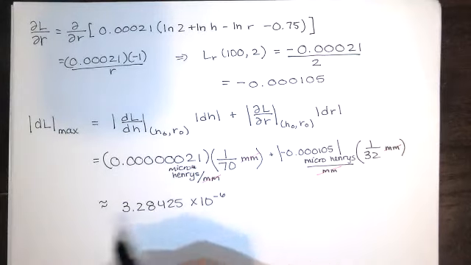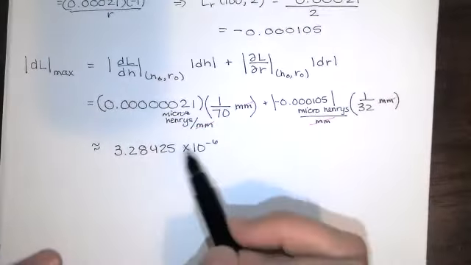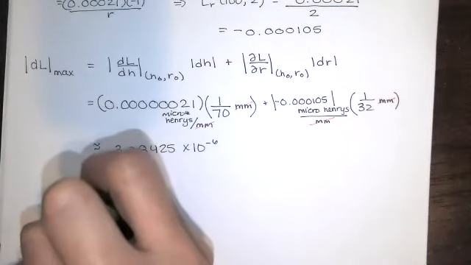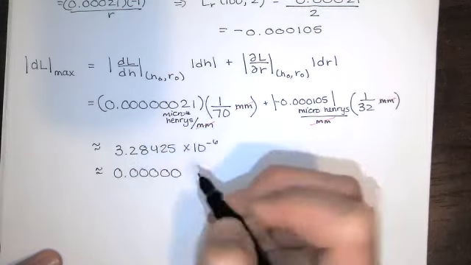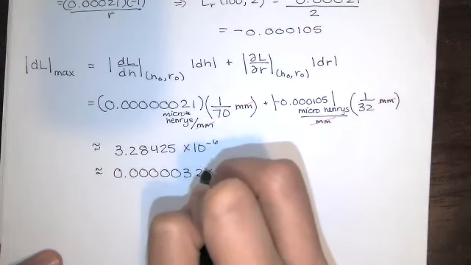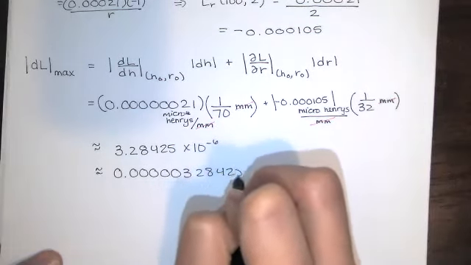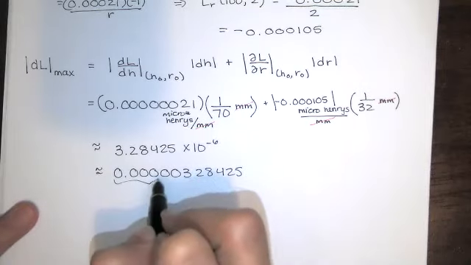Now, if I were to write this not in scientific notation, but just in our standard notation, I would move that decimal over 6 times. Okay, that's approximate, but they said to round to 6 decimal places.